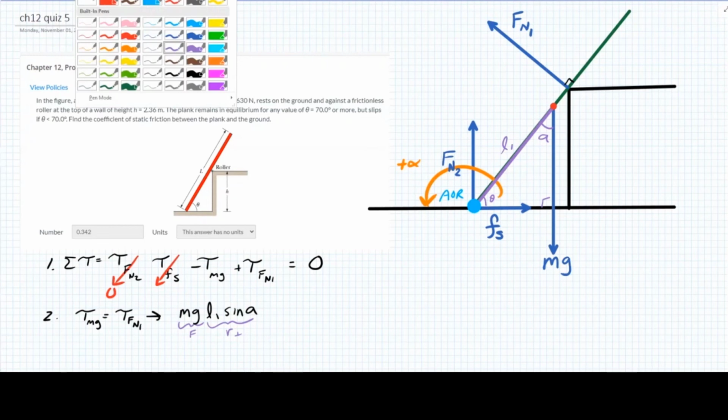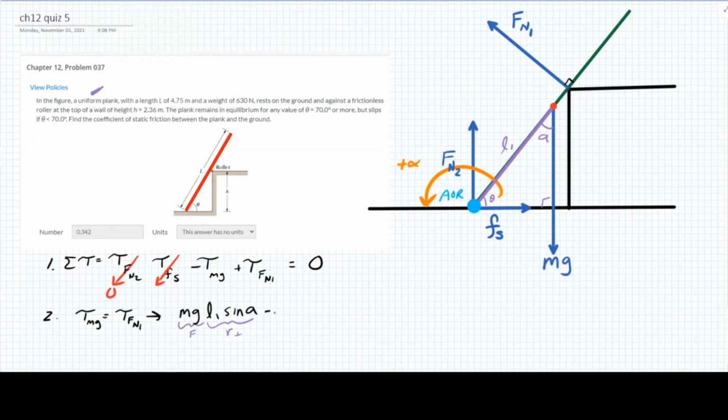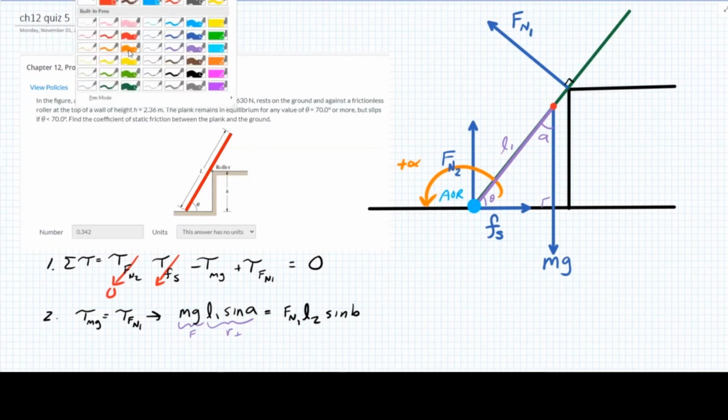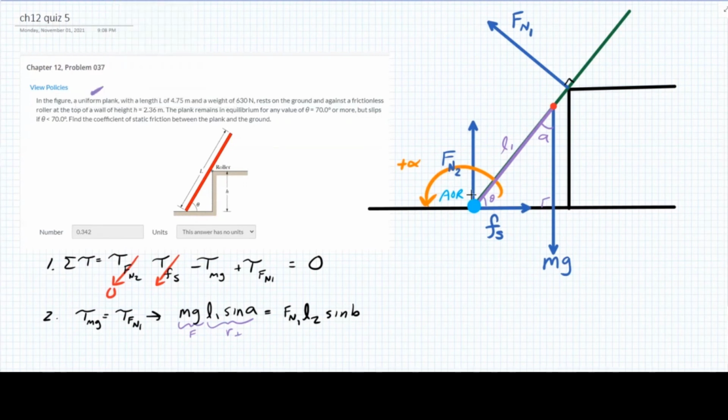What about the torque due to Fn1? That equals the Fn1 force times its torque arm, which I don't know what that is. I'm going to have to figure it out. So just call it L2 times sine of B. Better get creative with color. Here's my position vector for Fn1, that orange vector.